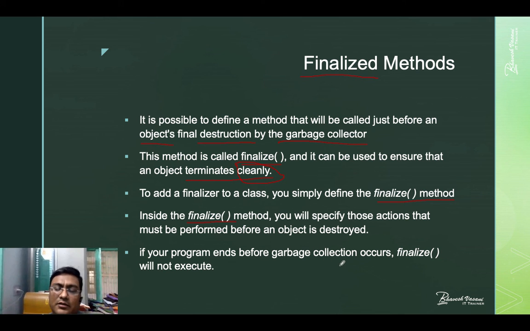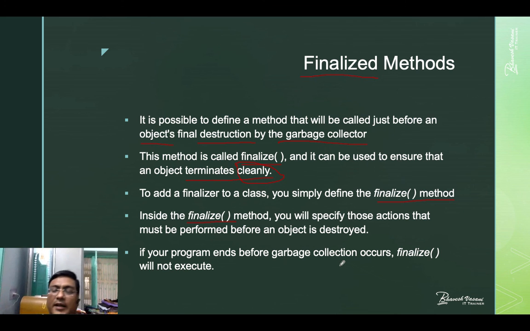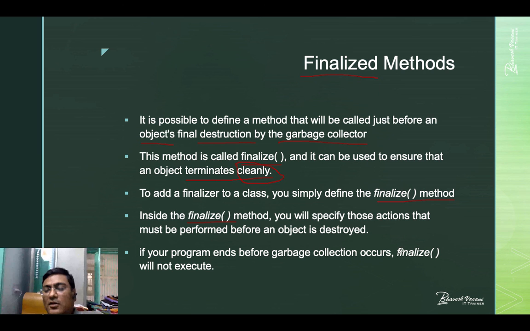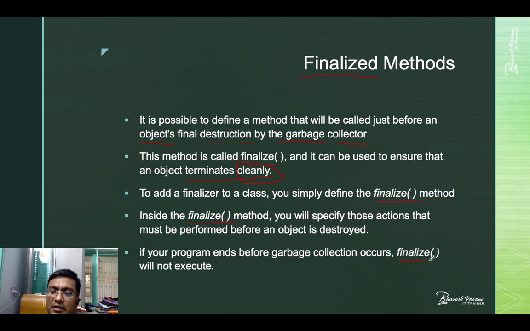Sometimes it happens that due to some hanging problem, power failure or some other problem, the Java program terminates automatically, or sometimes we terminate it ourselves. At that time the finalize method will not execute, because the garbage collector is not going to run.